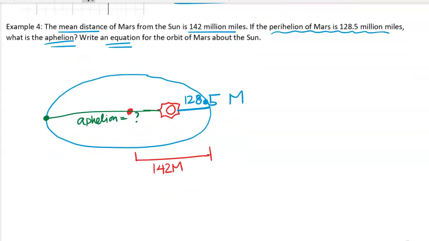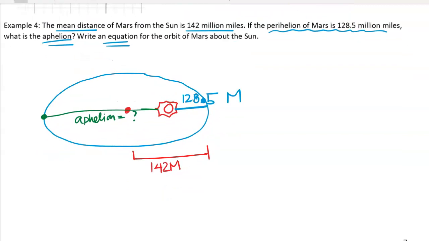All right, let's work this out. 142 million. What variable would that be? A, B, or C? A. Is it possible to find B or C straight up? Where is C at, by the way?